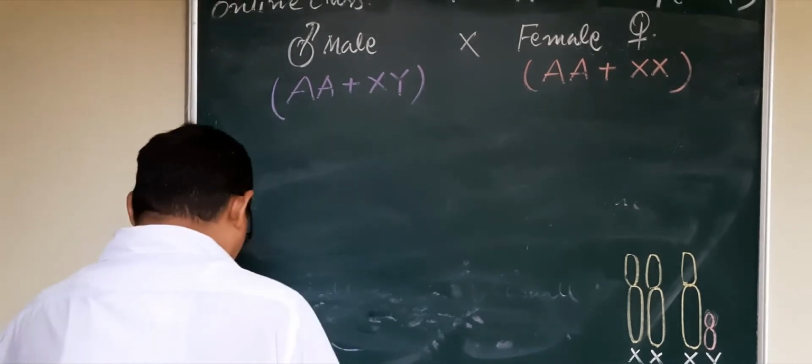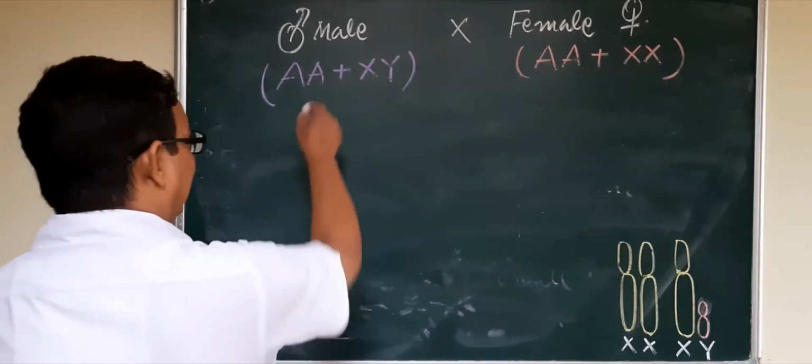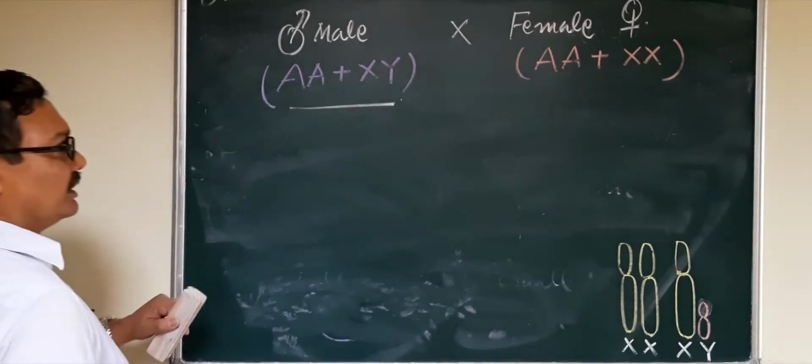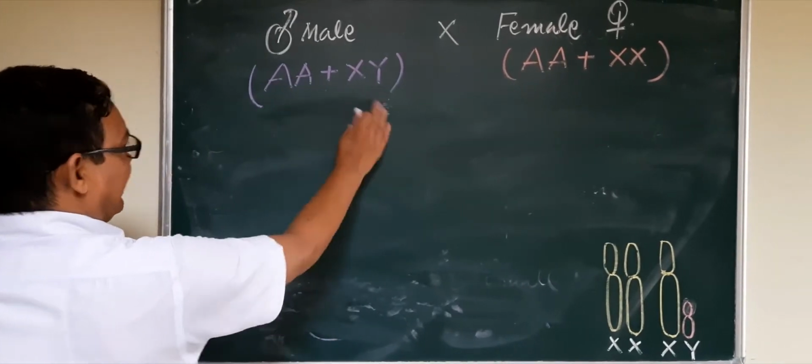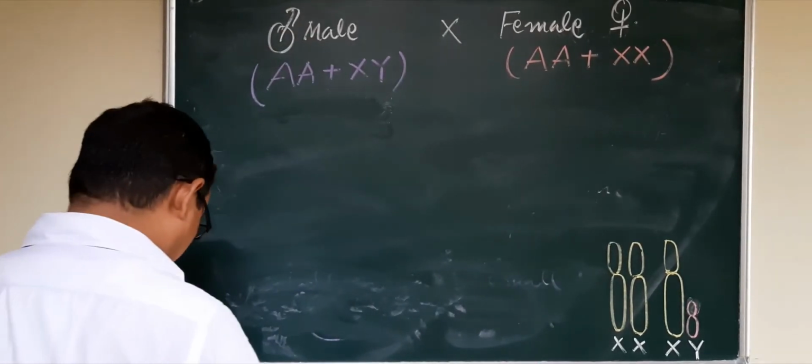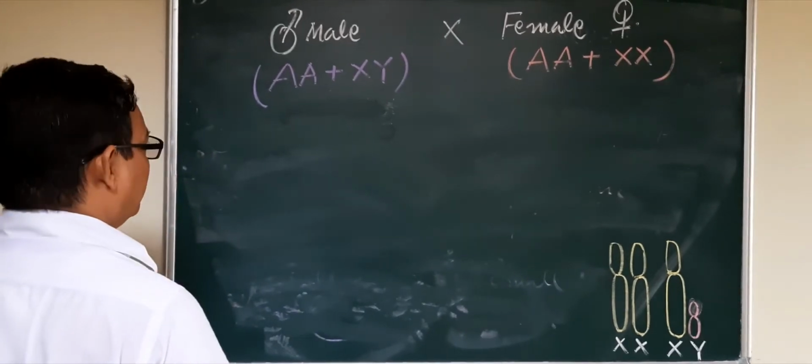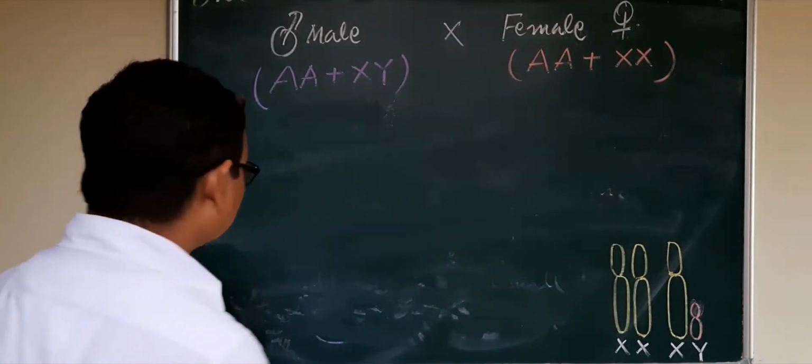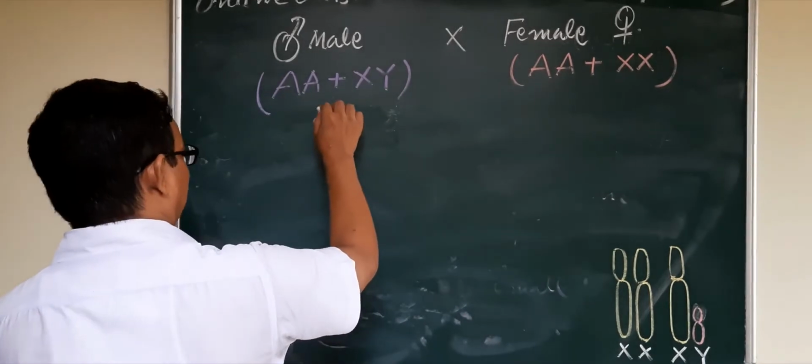So here are the possibilities while they produce gametes, what genes will be inherited or transmitted. Look here, there are two possibilities.